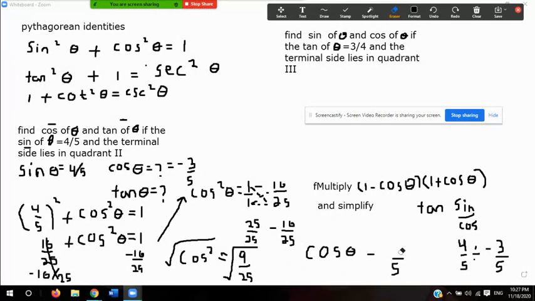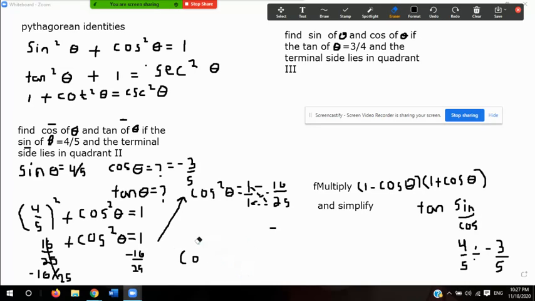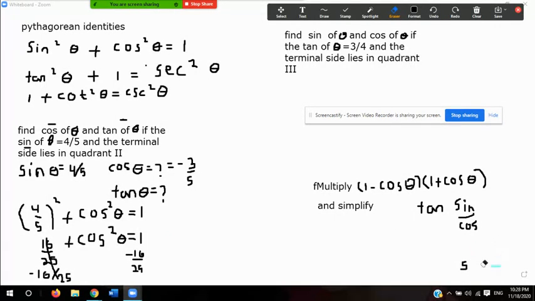I know that the cosine of theta is -3/5, and I'm looking to find the tangent of theta, which is sine divided by cosine. We have the sine, which is 4/5, and we just calculated the cosine, which was -3/5.